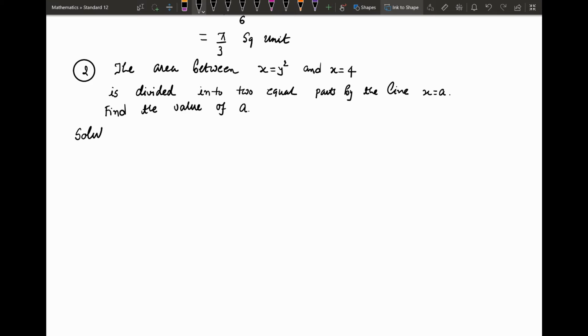Solution. So x equal to y square, that is parabola.